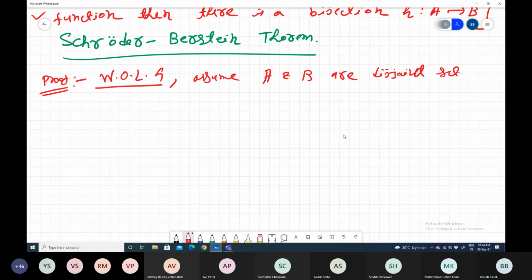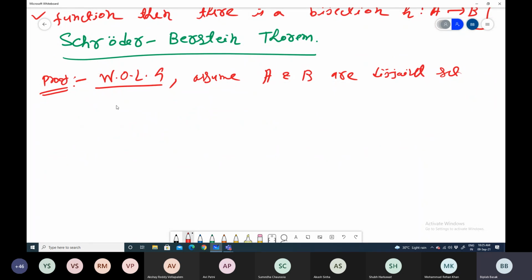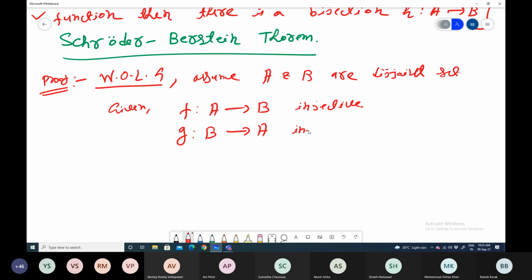Now it is given that F from A to B is injective. Remember that it may not be surjective, because if it is surjective, then we are done. And G is injective.